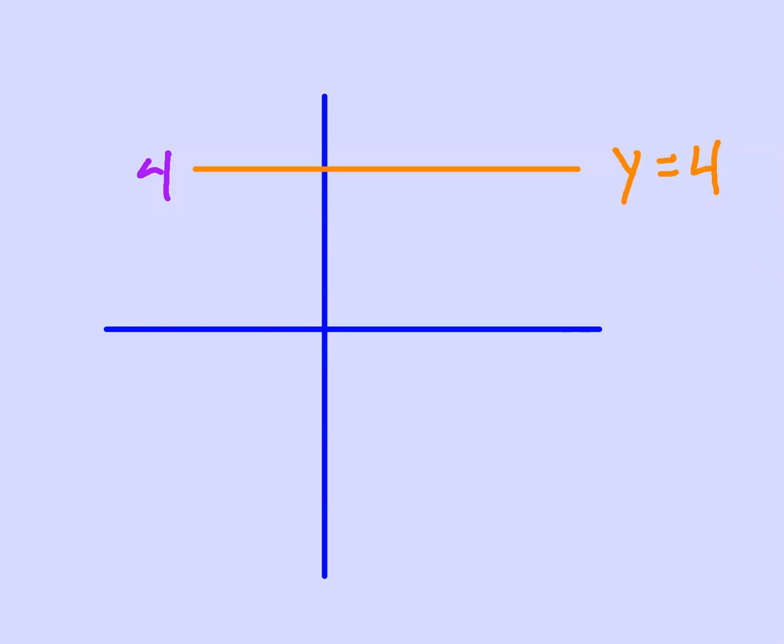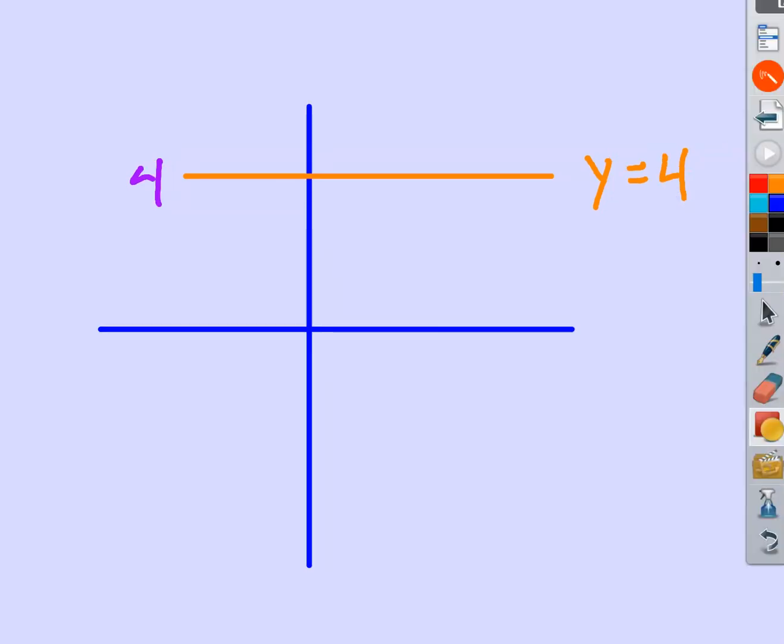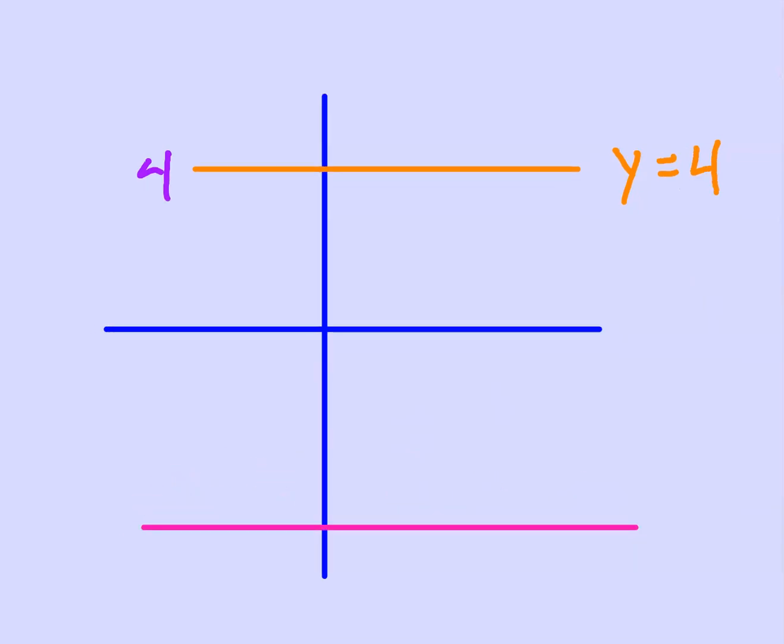If the horizontal line happens to be at negative 6 down here, then we'd say the equation is y equals negative 6.